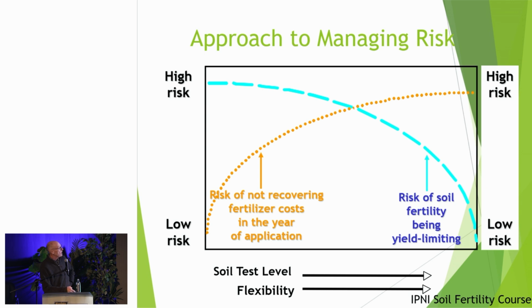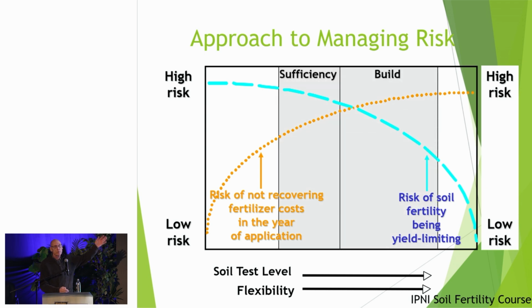And it says, yeah, in the year of application, putting fertility on low testing soils, we would expect to get very good returns. But as soil test levels increase, the returns that we're getting to cover that are often not met. And it's a long-term strategy, unlikely to cover in the year of application.